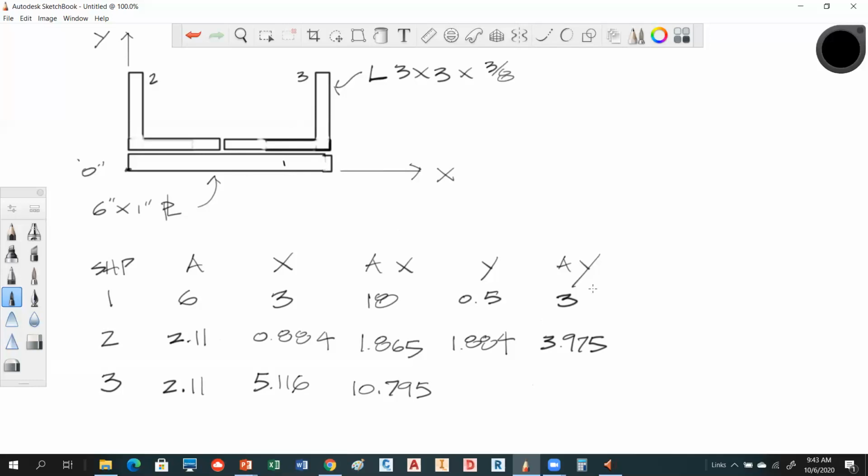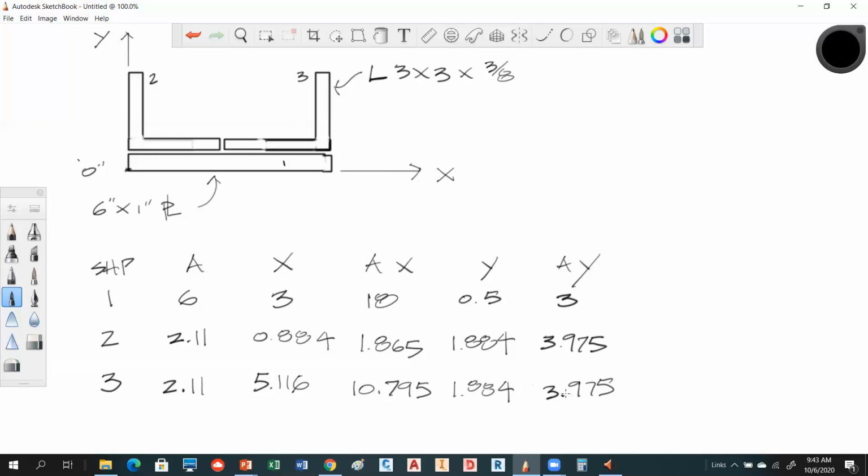So we're going to also have 1.884 here as well. Notice the y's are the same because they're sitting on that plate. So when we multiply the y times the area, we should come up again with that 3.975. So there's all the numbers that we need.